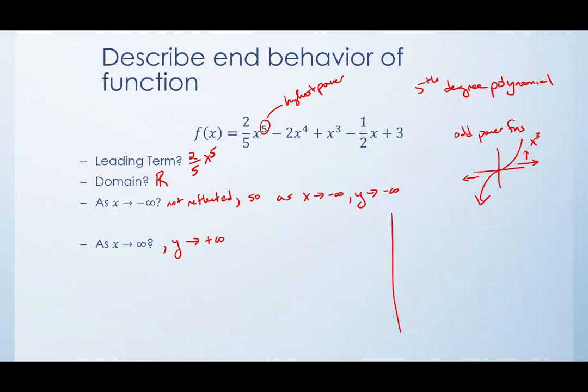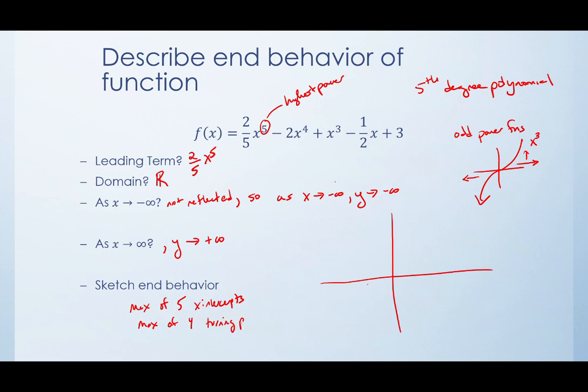Pretty straightforward there. Now, when you get asked to sketch the end behavior, we don't know yet what might be going on in the middle. We know that there's a max of 5 x-intercepts because it's the same as the degree of the polynomial, and that there's a max of 4 turning points.